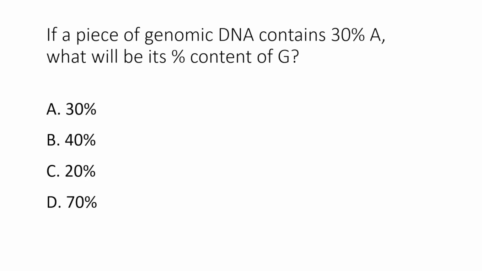So if a piece of genomic DNA, that's double-stranded DNA, contains 30% A, what will be its percent content of G? I'll give everybody a couple minutes to do some math.